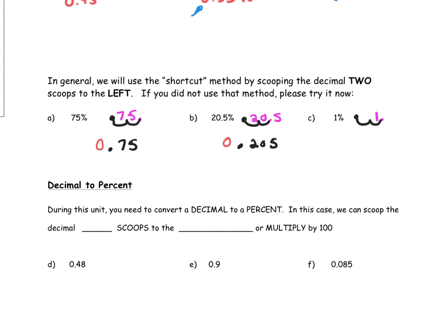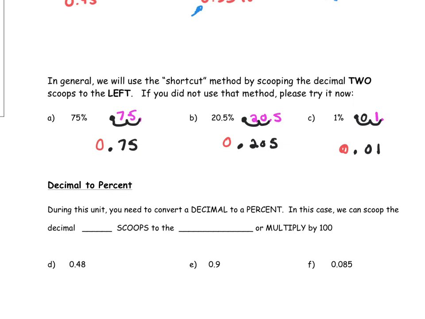My decimal is now there, and this time I need to include a 0 for the scoop that's empty, and then I'm going to need my placement 0 out in front, holding up the place value for the ones column. So this is going to be our preferred method moving forward, just because it's quicker than the other 2 methods. However, that doesn't mean you can't use your calculator to check.